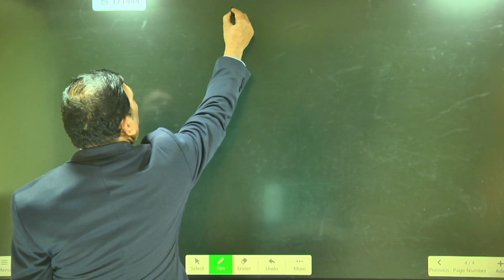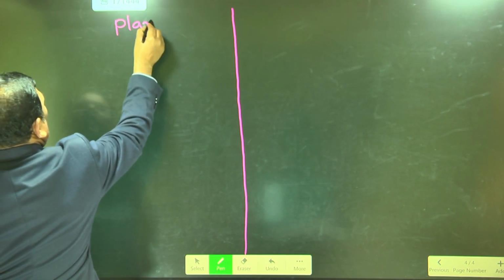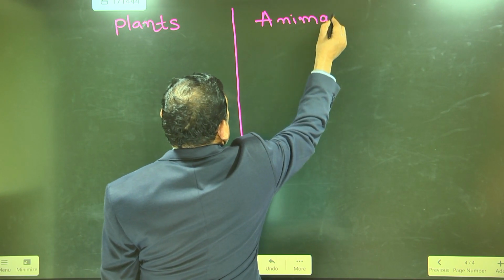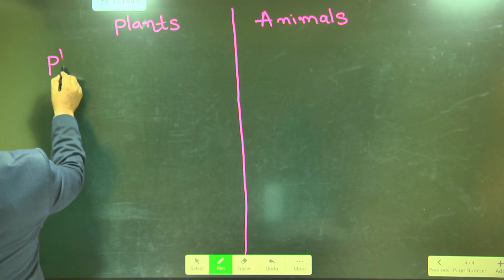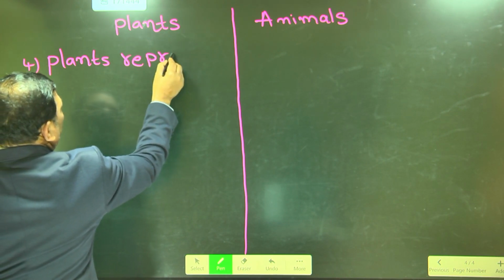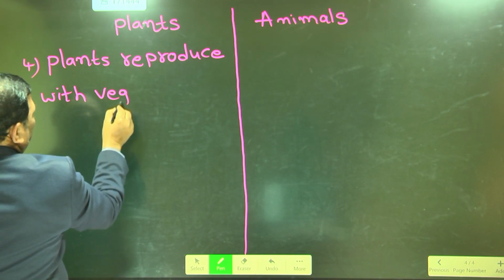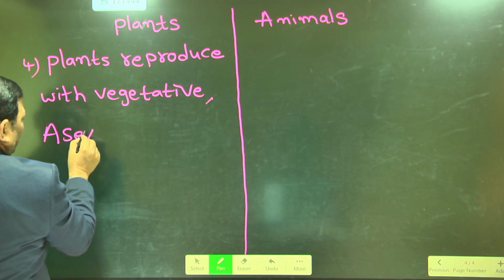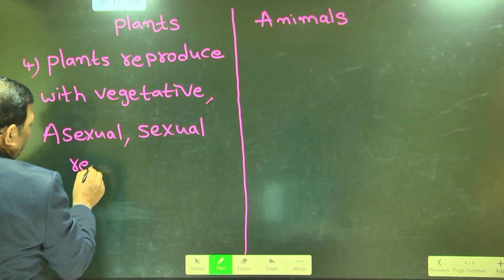Fourth point: plants reproduce by vegetative reproduction, asexual reproduction and sexual reproduction.